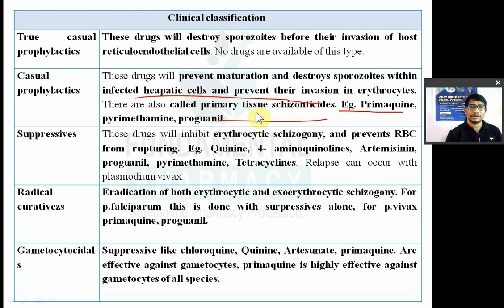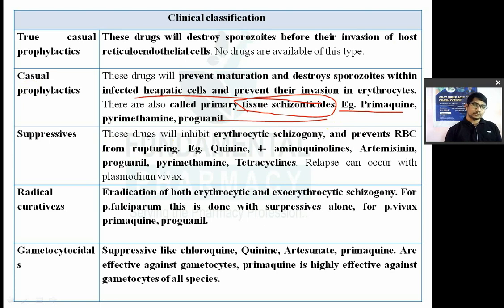These drugs are known as primary tissue schizonticides. Drugs which act on the pre-erythrocytic stage are known as tissue schizonticides.